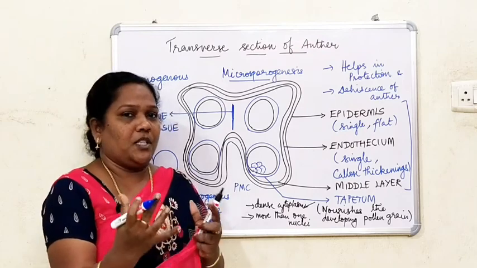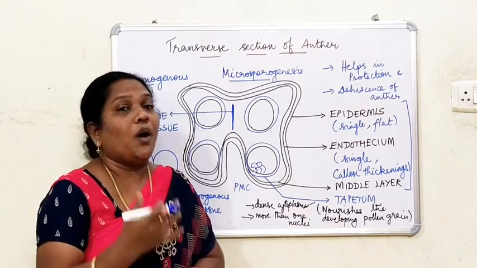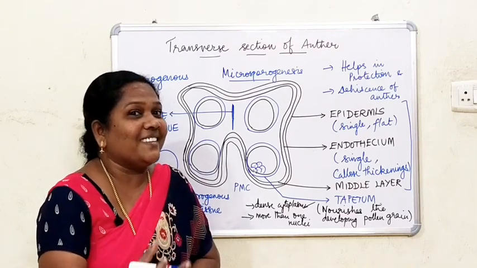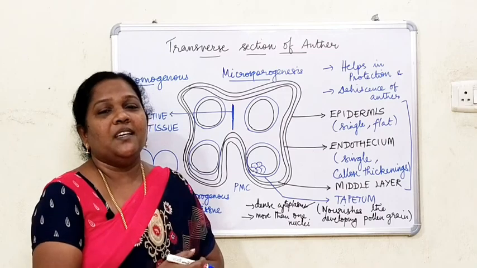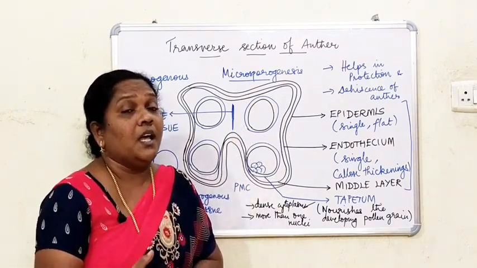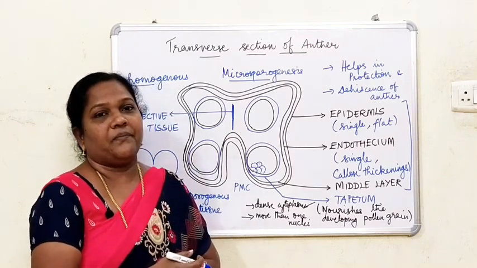These microspores will be together. Later on, when they mature, they dissociate from each other, and when dehiscence of the anther takes place, these pollen grains are released. Each microsporangium consists of several thousands of cells and can produce many pollen grains at each dehiscence.